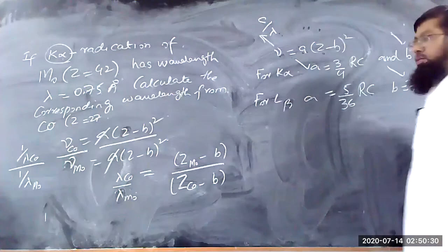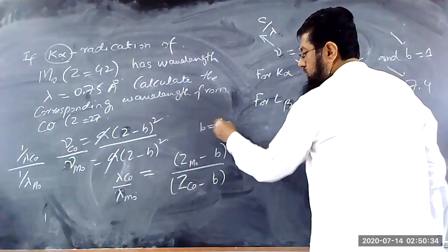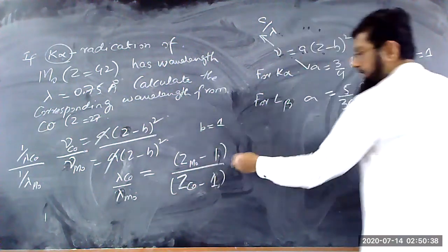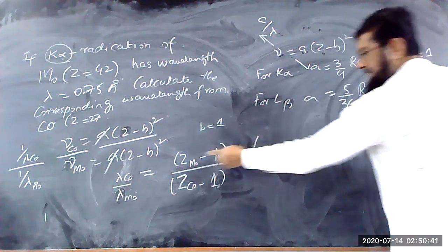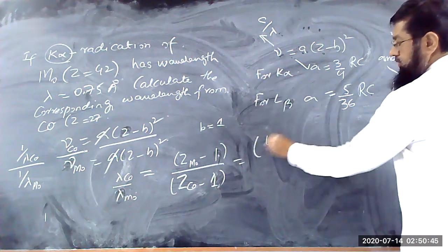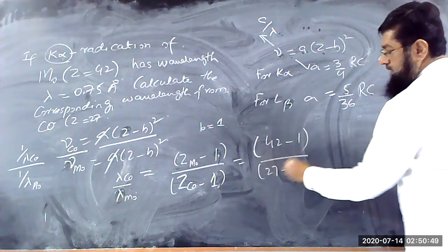B is the same for both. B is equal to 1 here. Now Z of molybdenum is 42 minus 1, divided by 27 minus 1.